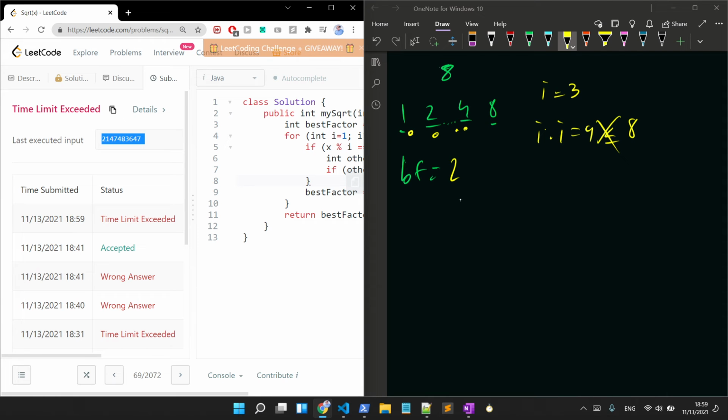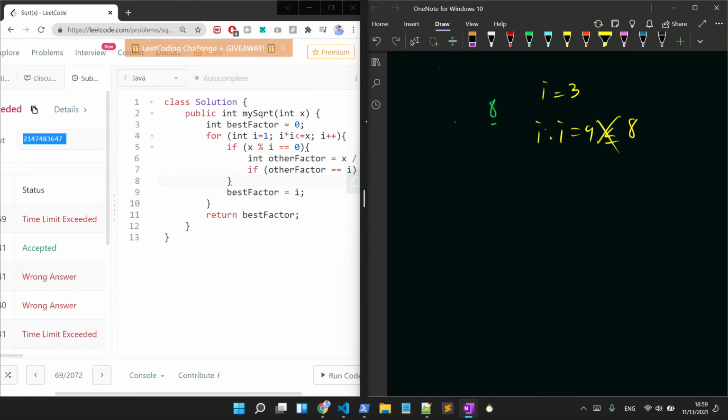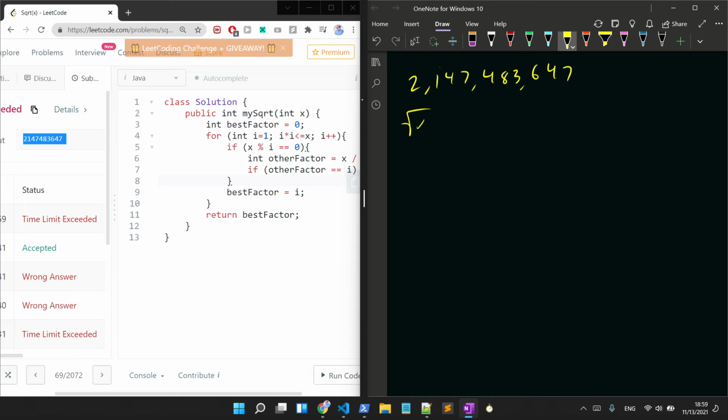We pretty much are working our way up, just like the for loop does, when x is this number, which is the integer max, 2,147,483,647.